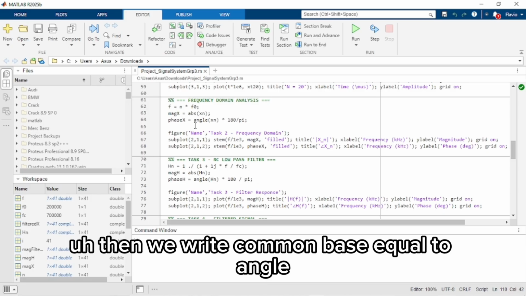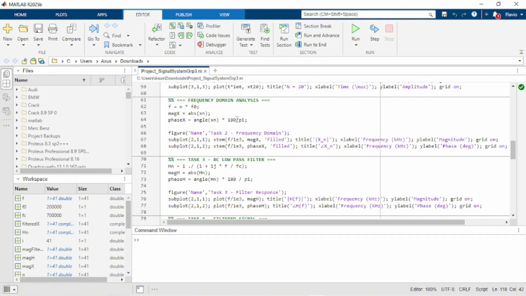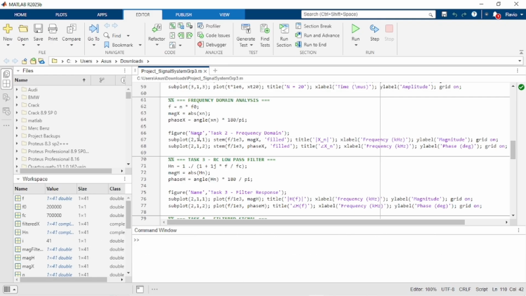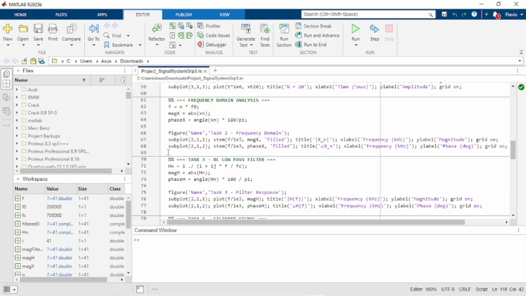Then we write phase x equal to angle times 180 over pi, and we write the figure name task 2 frequency domain.